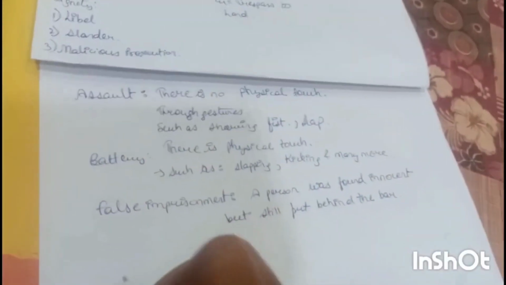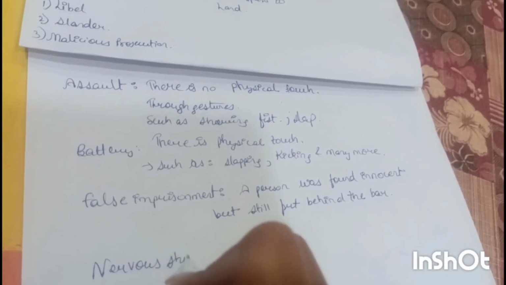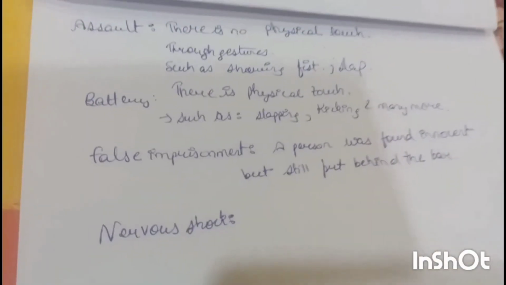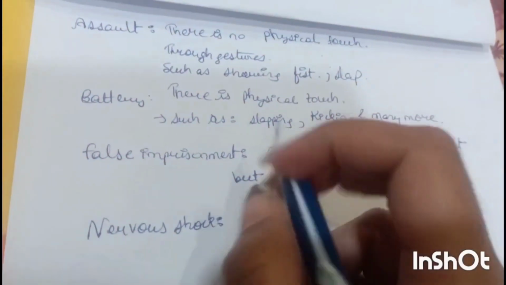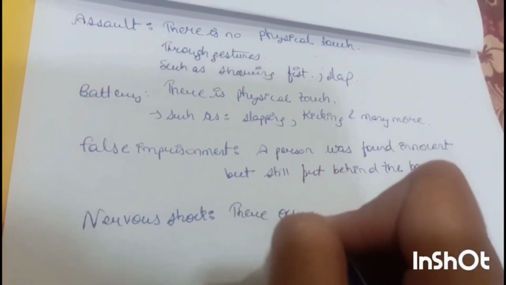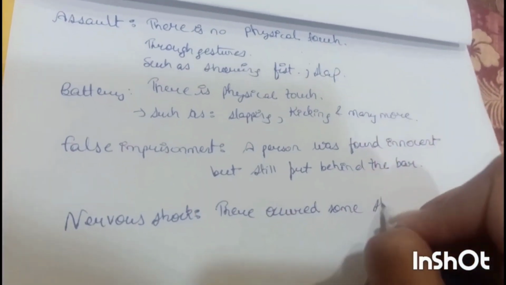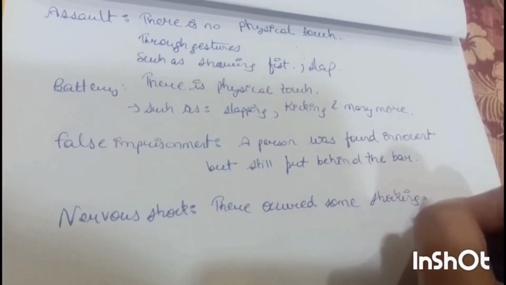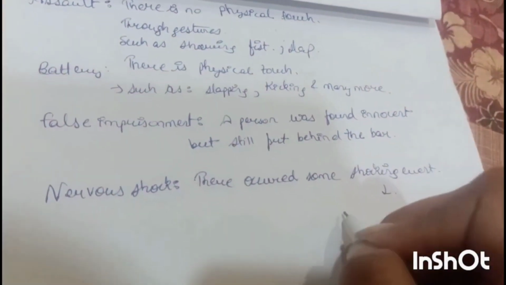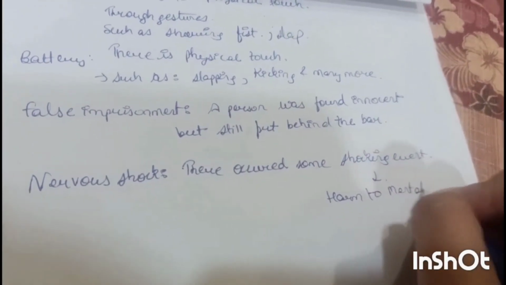Okay, so now let's see nervous shock. In nervous shock you can see that some shocking event occurred and that caused harm to mental peace.